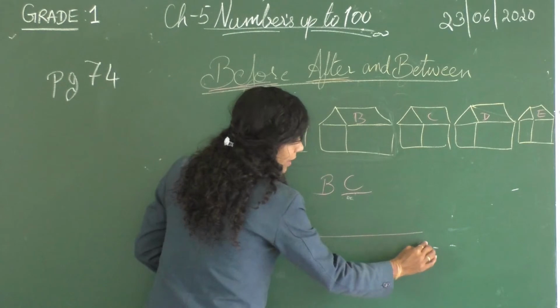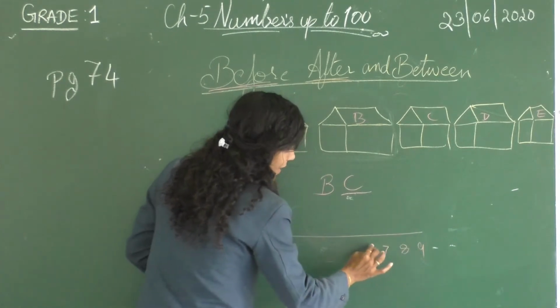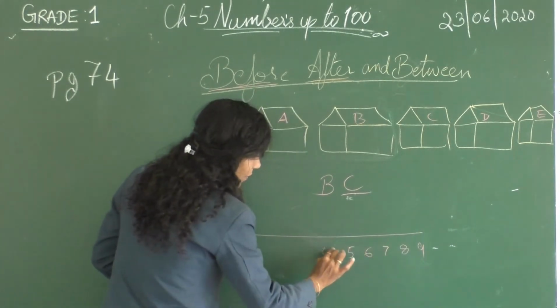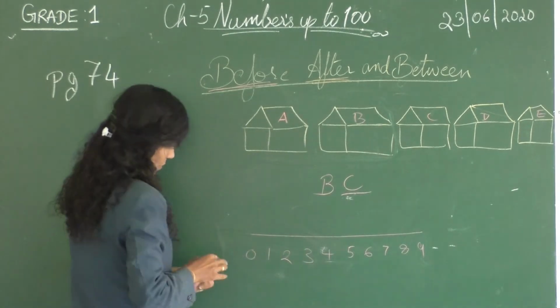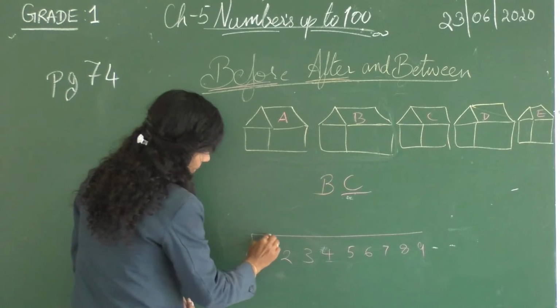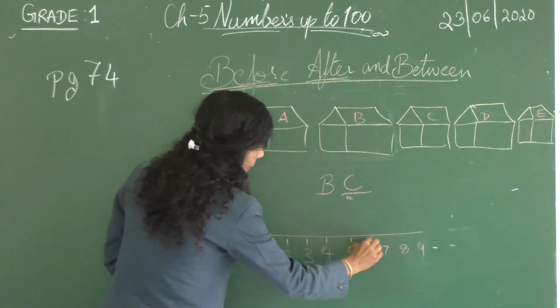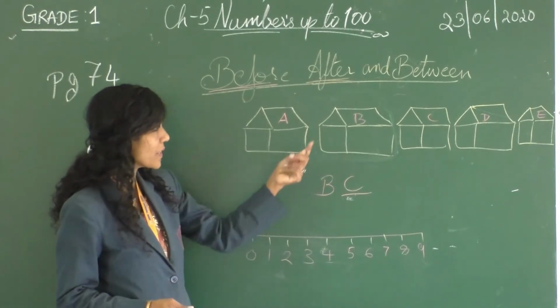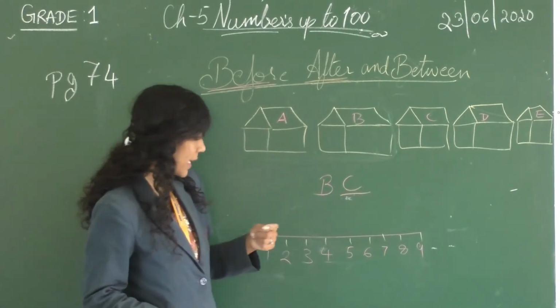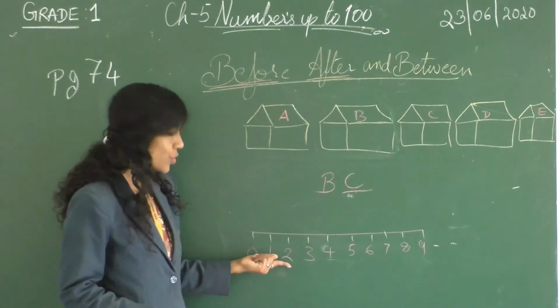Again, 9, 8, 7, 6, 5, 4, 3, 2, 1 and 0. Now, for example, let's take 2.